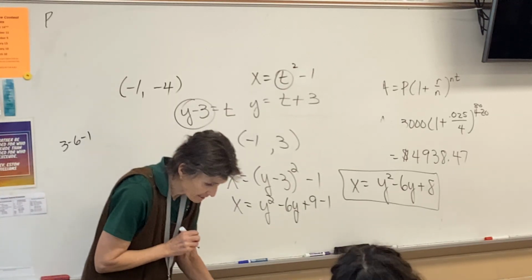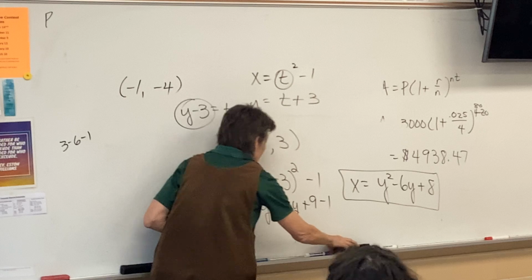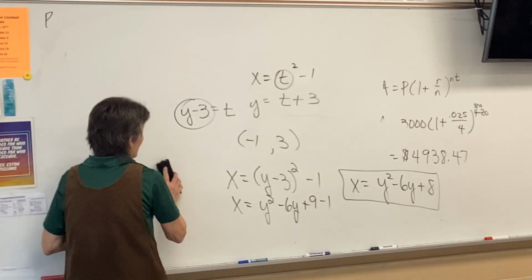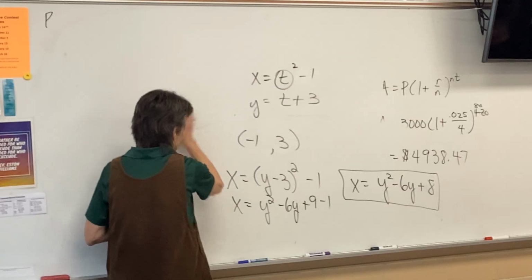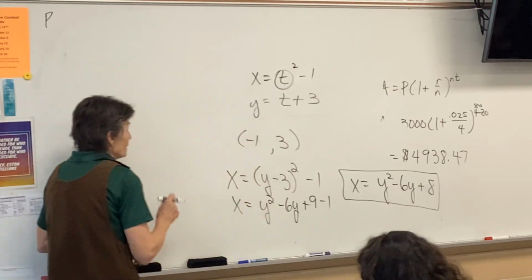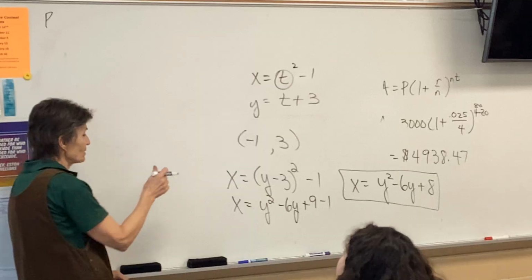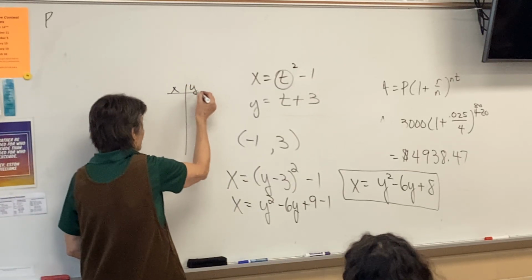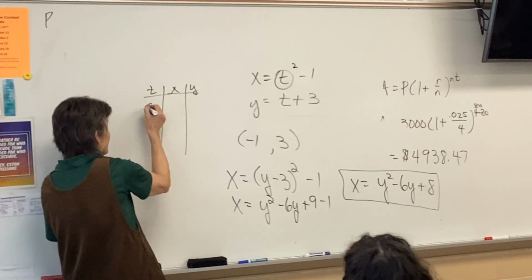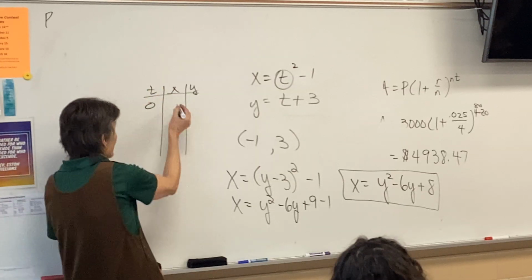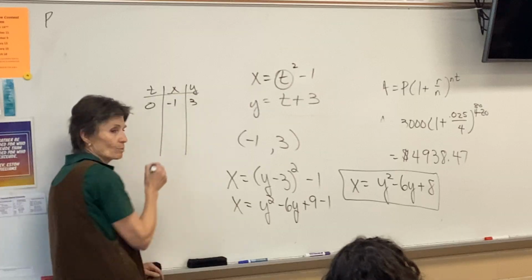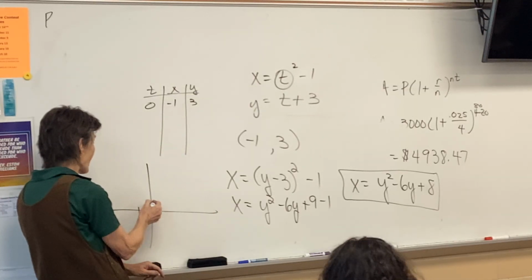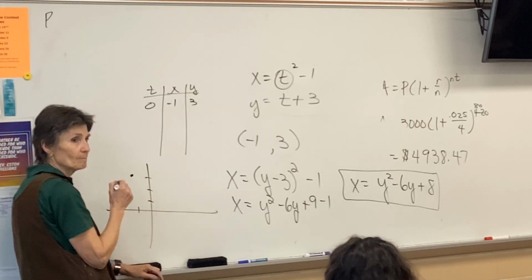And then it says graph it. So you have a couple of options. One option you have is, you know how you said if t is 0, x is negative 1, and y is 3. So one point we know for sure is going to be on the graph is negative 1, 3.